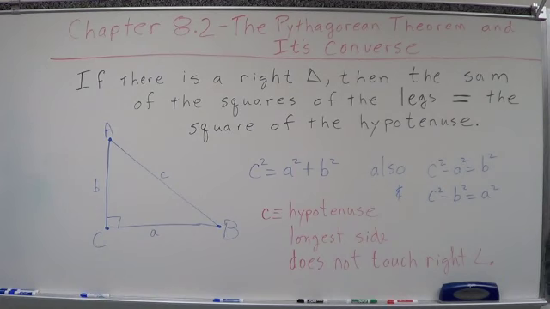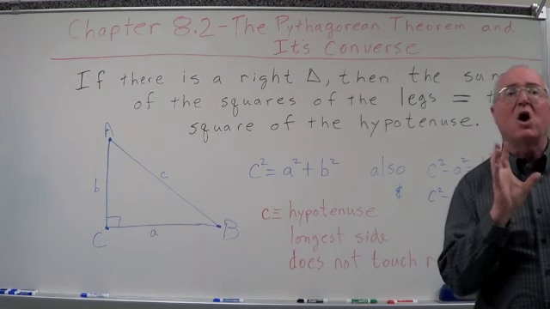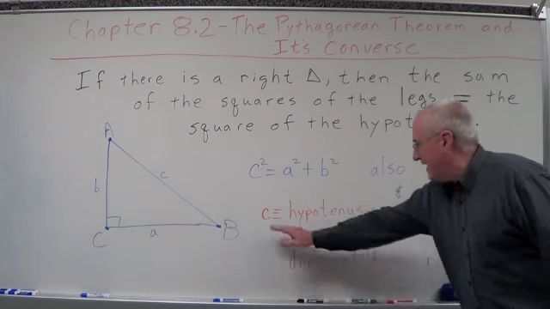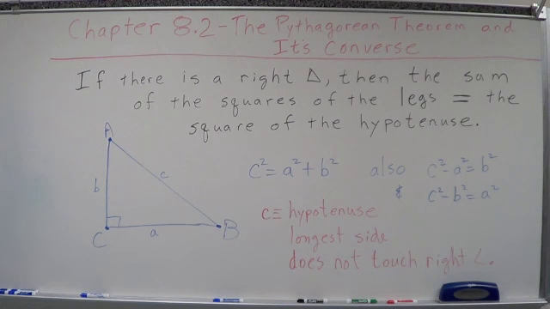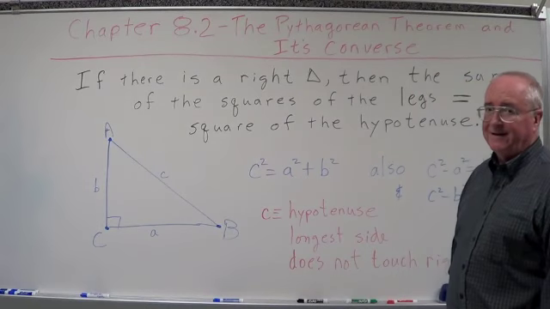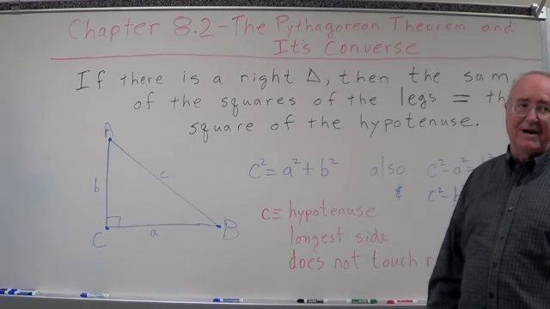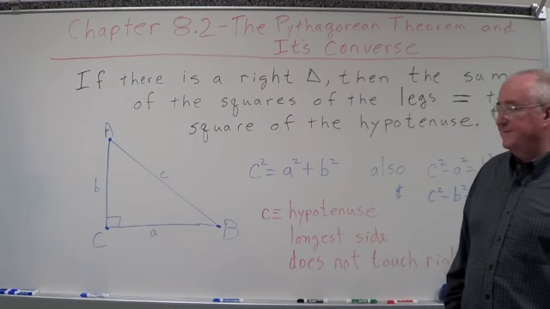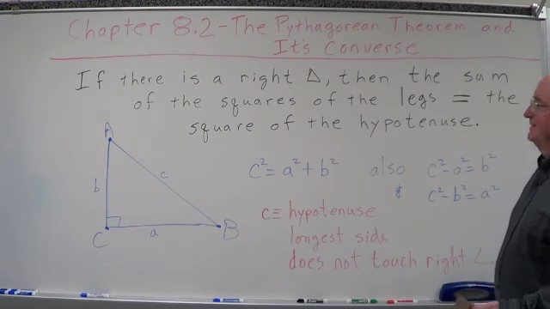If I give you 3 numbers, or 3 lengths, and no drawing, guess which one is the hypotenuse? It will be the longest one. And it does not touch the right angle. a and b do. The legs touch the right angle. That's why they're called the legs. Got that?